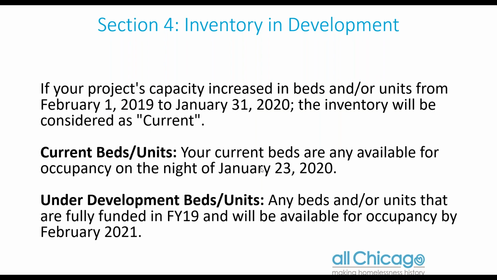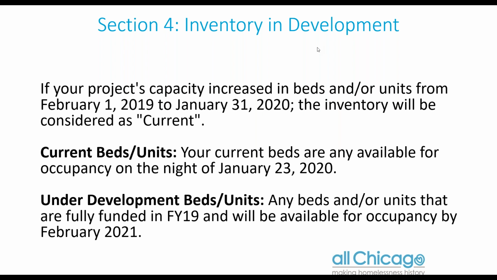So the fourth section for the HIC this year, and the last one, is the inventory and development. If your project's capacity increased between February 1, 2019 and January 31, 2020, your inventory will be considered current.